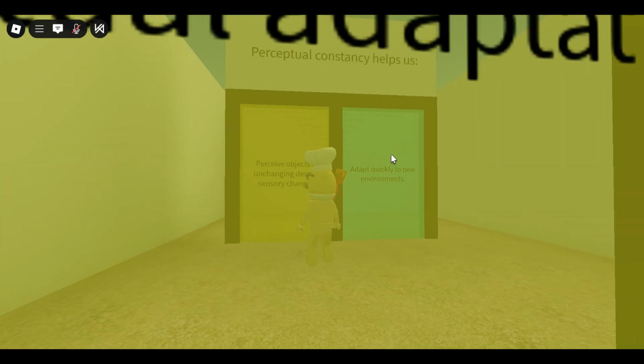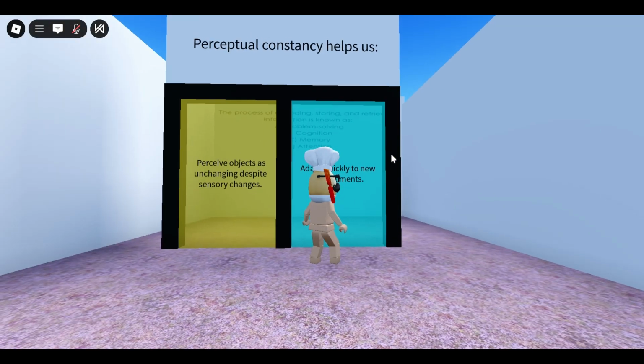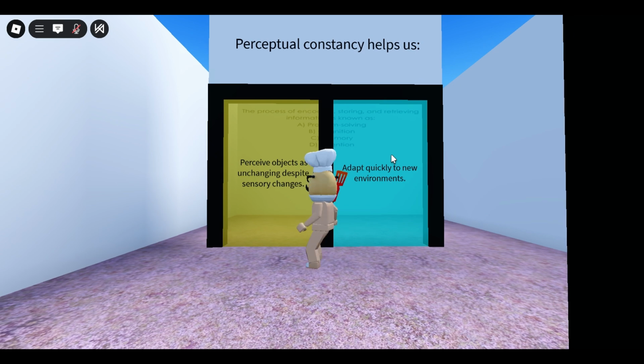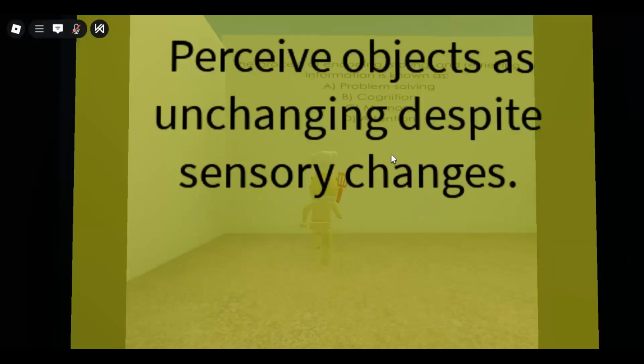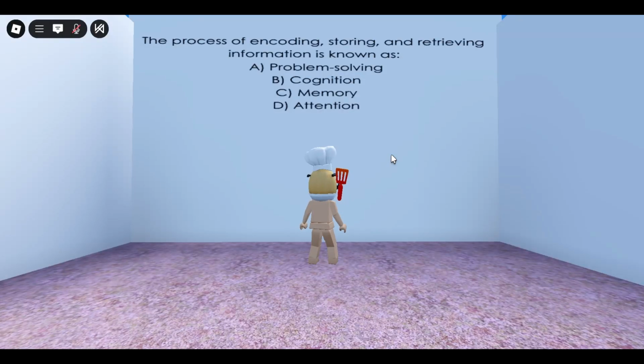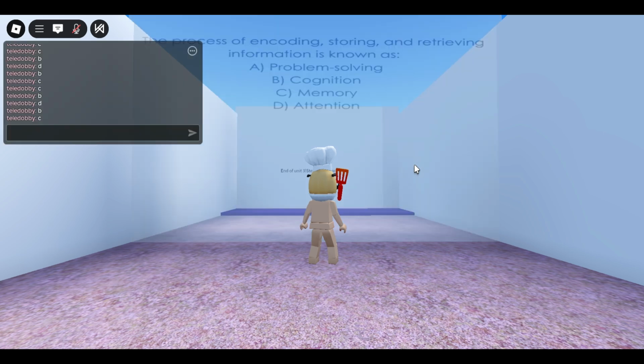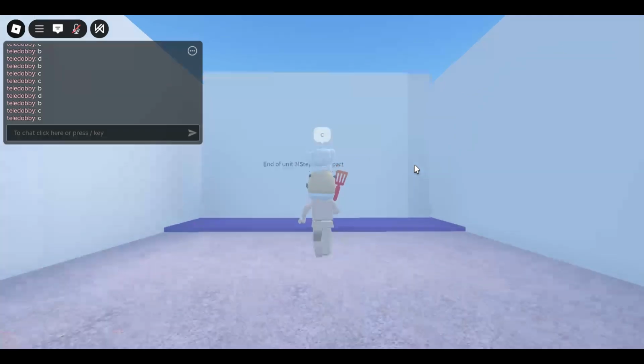And perceptual constancy helps us perceive objects as unchanging despite sensory changes. So the key words for this question are encoding, storing, and retrieving, which are associated with C, memory.